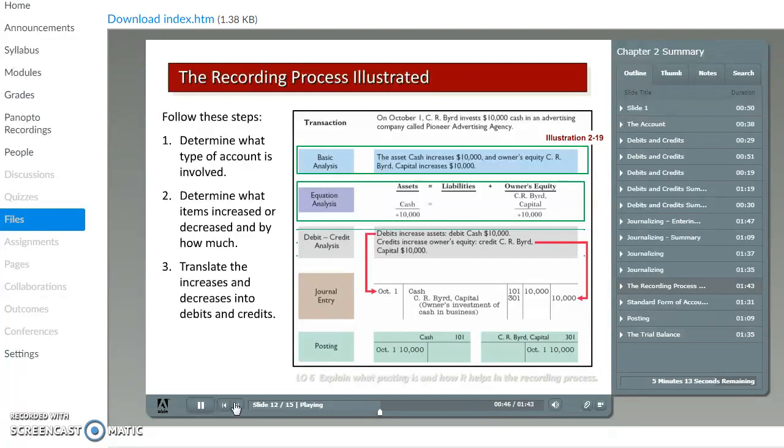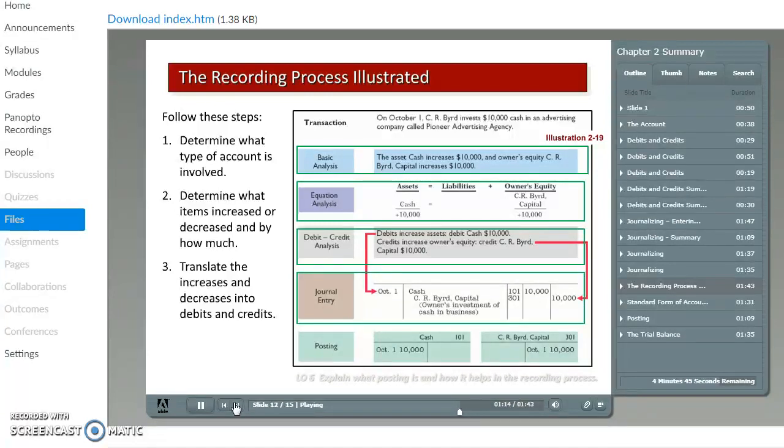Next, apply the debit-credit rules to determine which accounts are the debit accounts and which accounts are the credit accounts. Cash is the debit account because assets increase with debits. Owner's capital is the credit account because owner's equity accounts increase with credits. Next, enter the transaction as a journal entry.